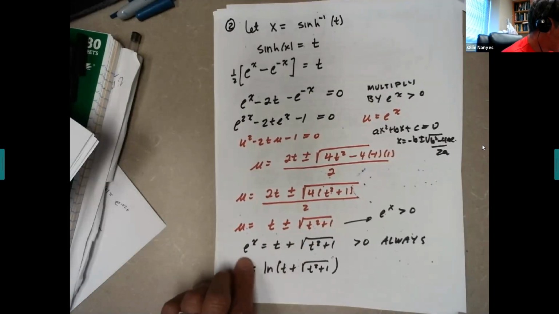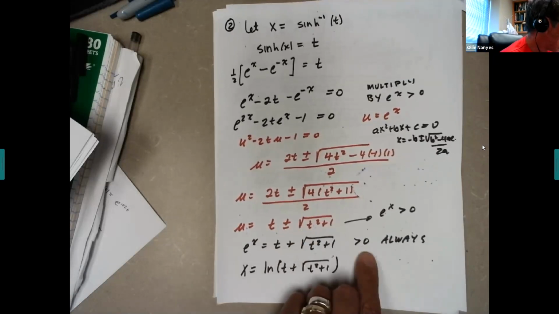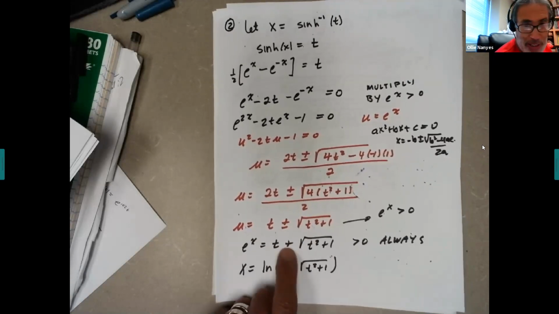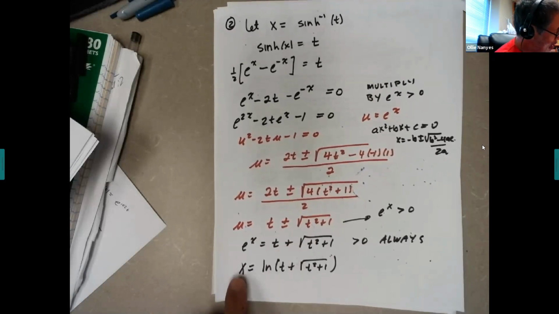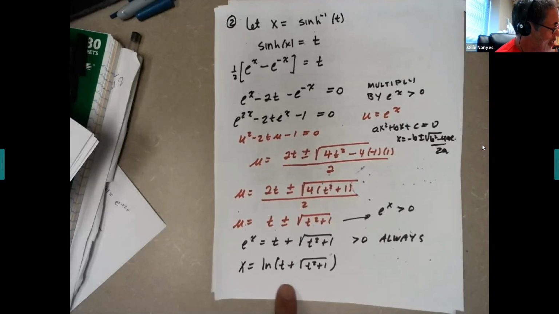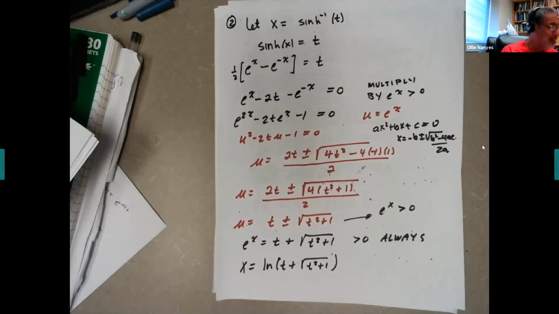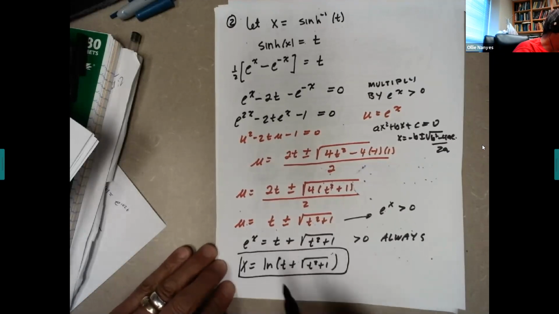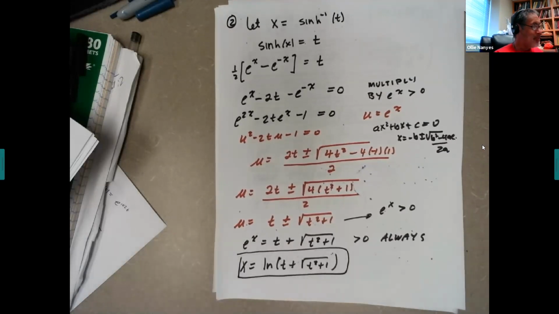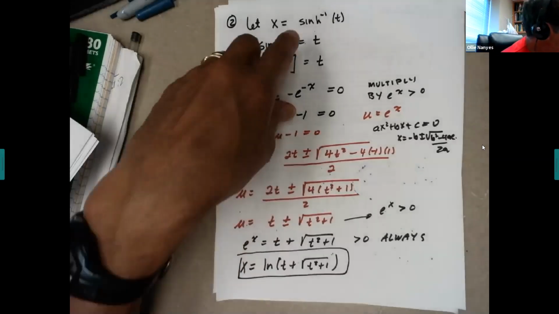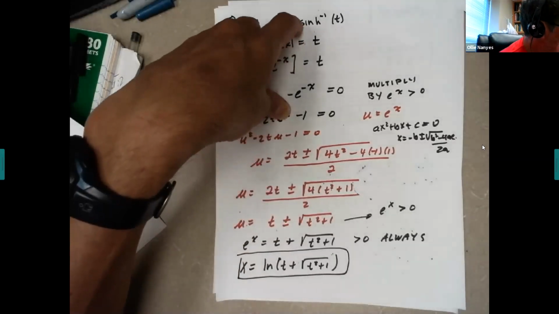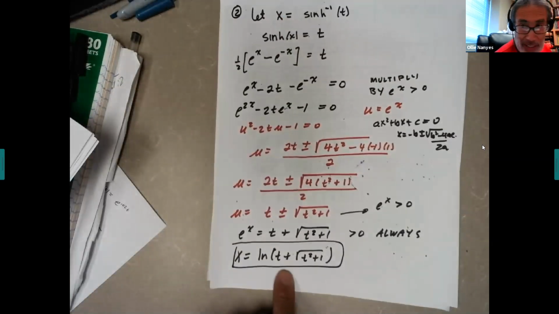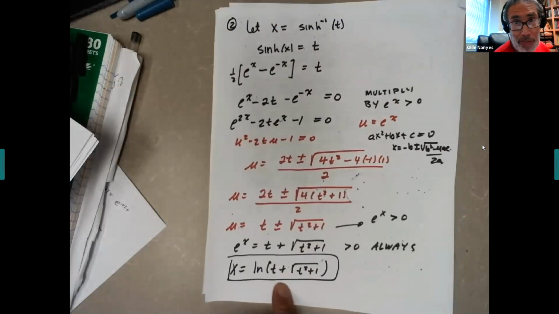So we have this that's greater than 0 always, and we use the plus here. So now, if we take log of both sides, we get this thing right here. Remember, that is how you can expand inverse hyperbolic sine. It expands to this. That's going to be important. Okay?